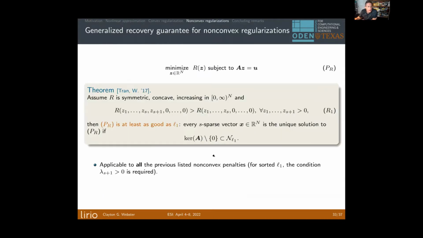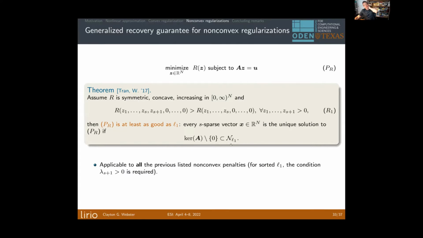And let me just lay out the results, even though they're somewhat complicated. So again, I want to minimize this function subject to this constraint. If I have a function that is symmetric, concave, and increasing, and the following is true, then this approximation is at least as good as L1. In other words, every S-sparse vector is the unique solution to this if the kernel is contained in this set in L1.